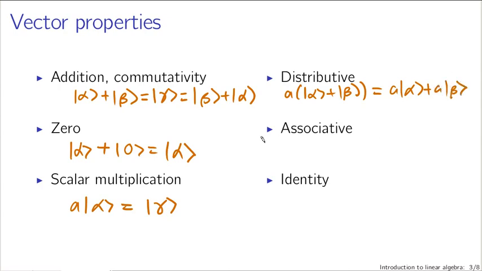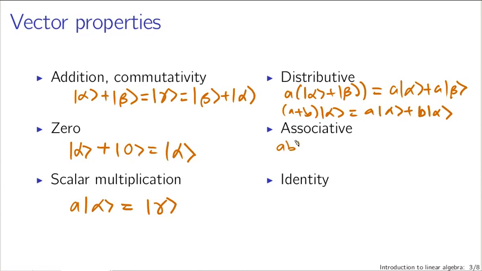Or alternatively, I can look at A plus B times some vector alpha as A times the vector alpha plus B times the vector alpha. So scalar multiplication distributes across addition of vectors and across addition of scalars. Scalar multiplication is also associative, of course.